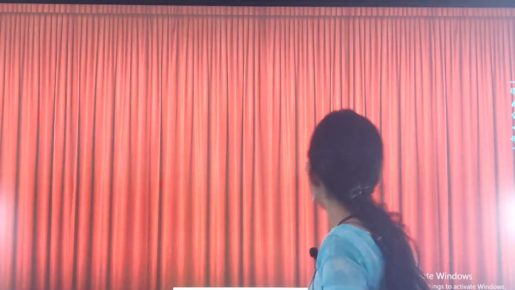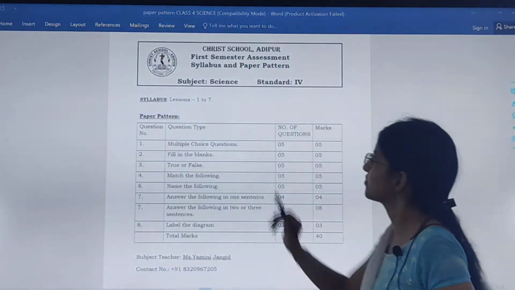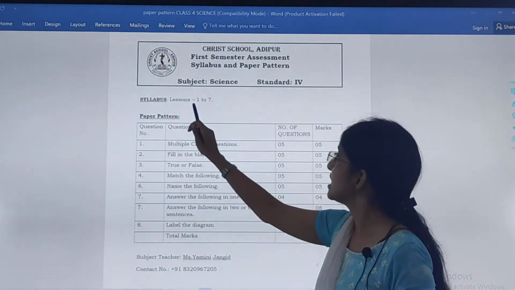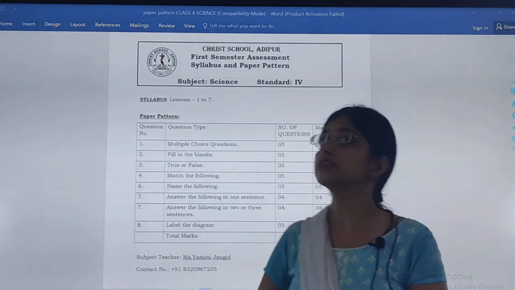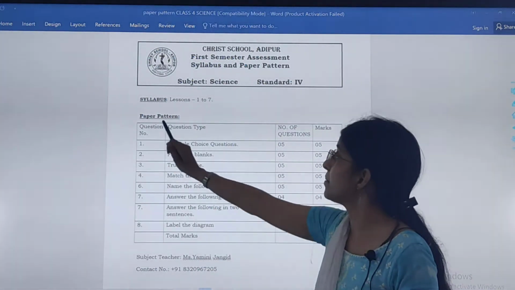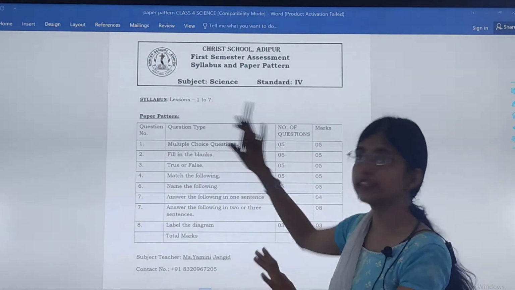So first we will see the syllabus and paper style, कि क्या syllabus है और कैसा paper style आएगा. Okay, so let's see. Syllabus: lessons 1 to 7. Paper pattern, everything is given here.